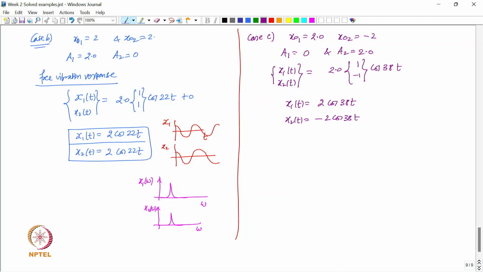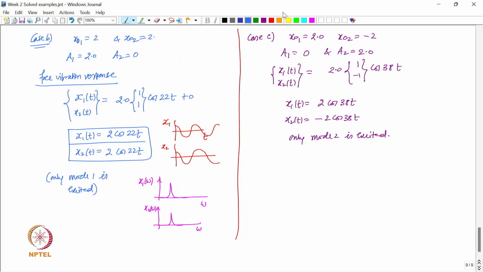So, what we see is that only the second mode is present, only mode 2 is excited. Of course, in the earlier case, only mode 1 was excited.